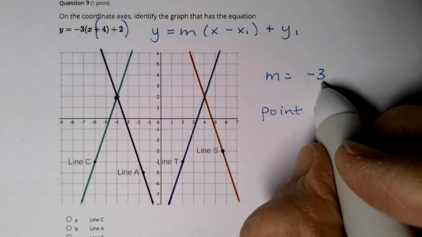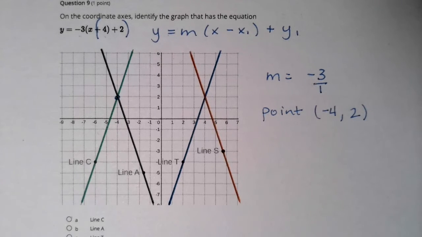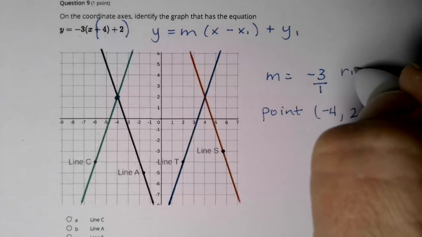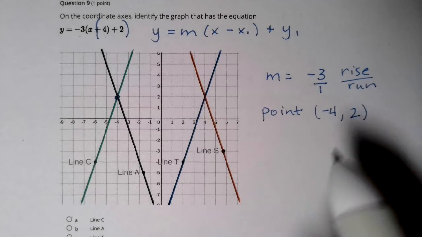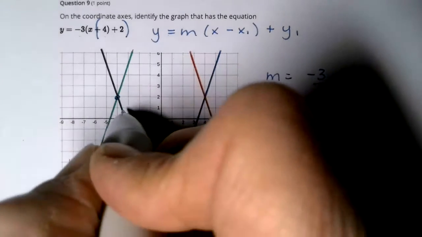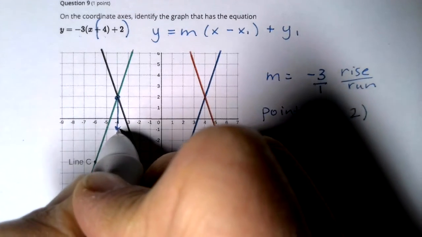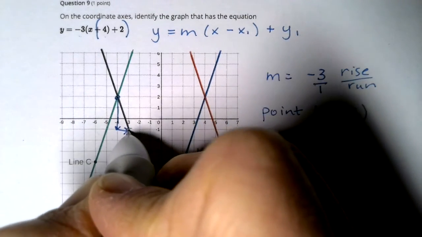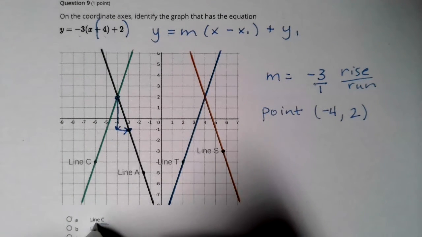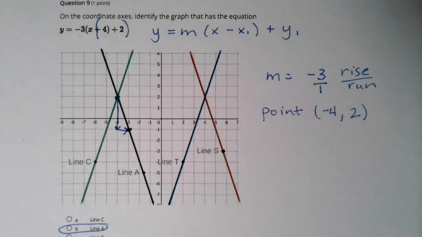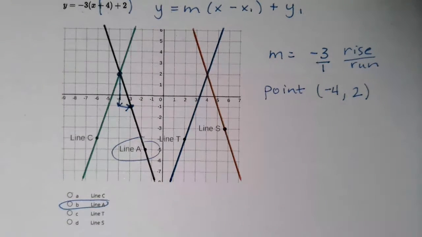Remember, when you have an integer value for slope, that's the same thing as having a 1 underneath that. And we're still thinking of rise over run. If my rise is -3, that means I'm going to go down 1, 2, 3, and then to the right 1. So that shows me that I'm going to be on line A, which is choice B here. So this was our correct answer.